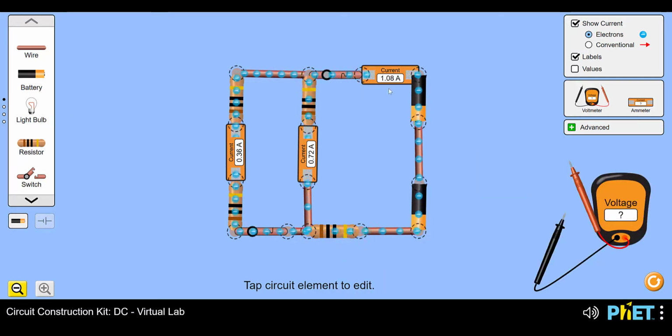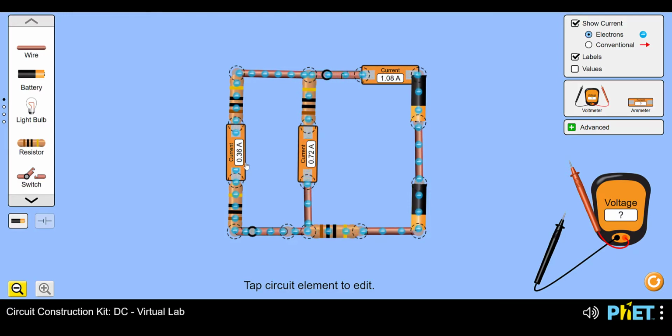We can also apply Kirchhoff's junction rule to this circuit. If we look at the current flowing through the batteries, we see it's 1.08 amps. Here at this junction, the current splits and some goes through this branch of this parallel section of the circuit and is 0.72 amps.